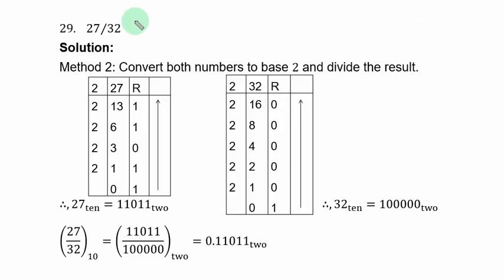Example number 29, we have 27 over 32 in base 10. Convert it to base 2. The second method is to convert both numbers to base 2 and divide the result.